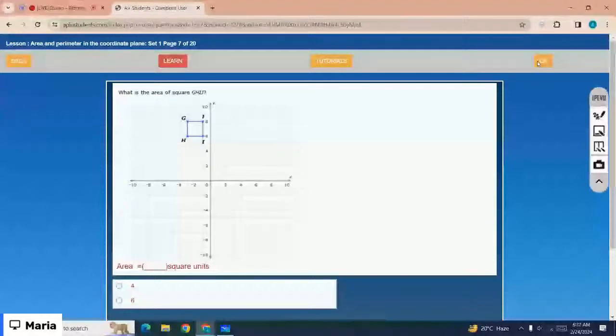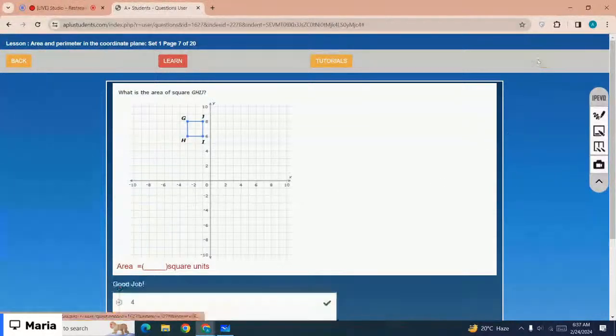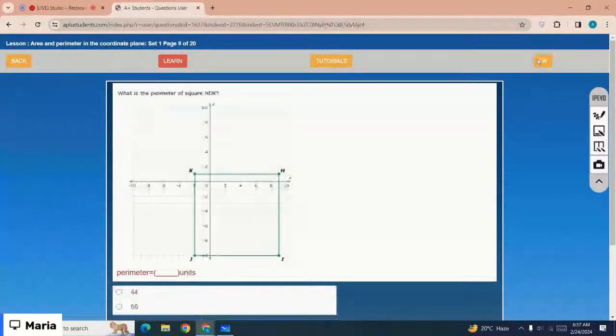Yes, the correct option is 4. What is the perimeter of the square? Which is the correct option? Each side length of this square is 11, right?